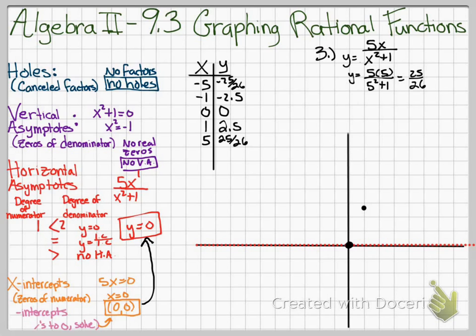Negative 1 and negative 2.5. And 5 and just under 1. 1, 2, 3, 4, 5. Just about there. And negative 5: 1, 2, 3, 4, 5. And again, just under negative 1.